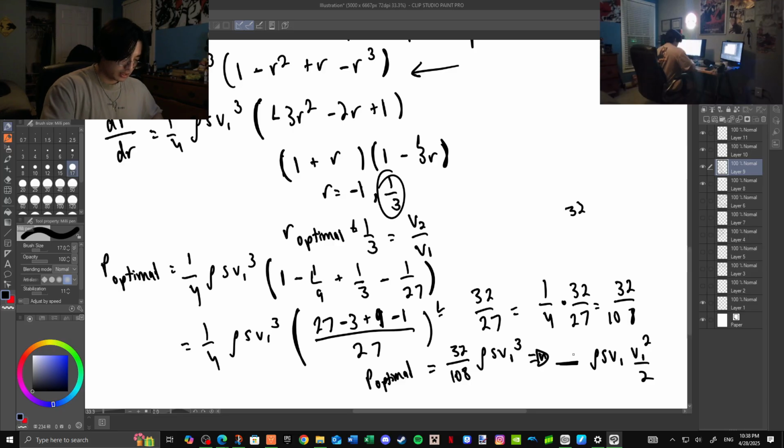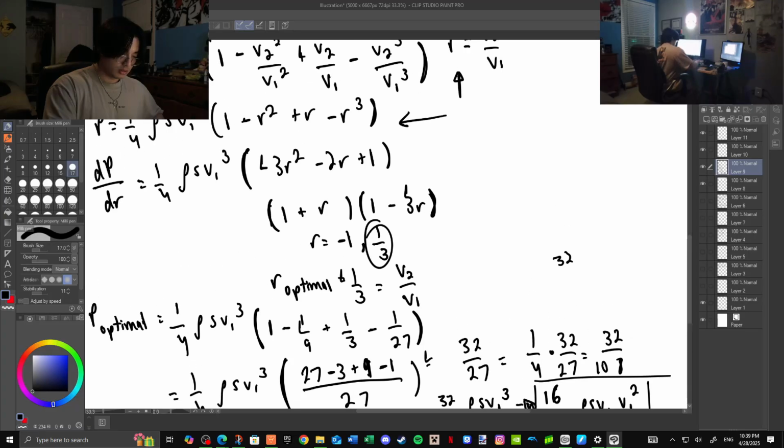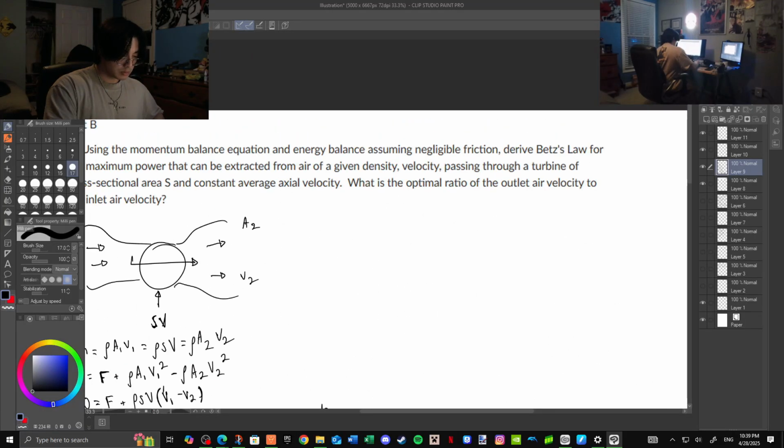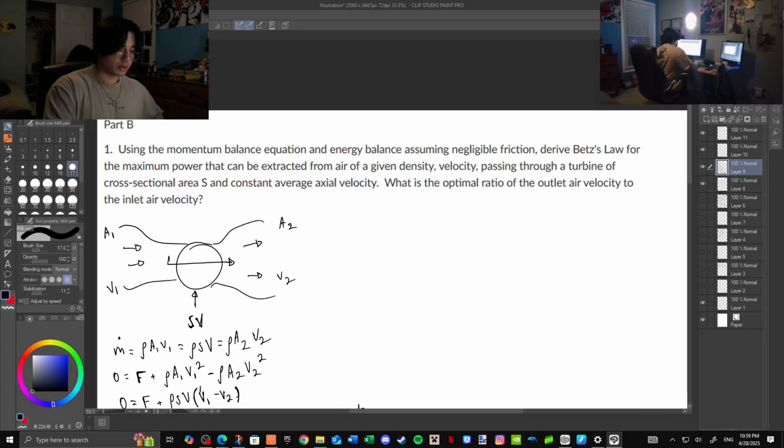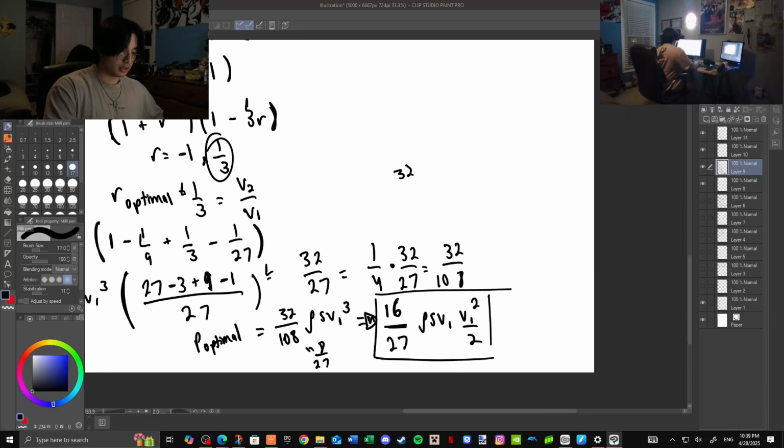So with that, this right here actually equates to 8 over 27, and it's going to be 16 over 27. And this right here is the ratio for P optimal. This is the optimal ratio of the outlet air velocity to the inlet air velocity right here.